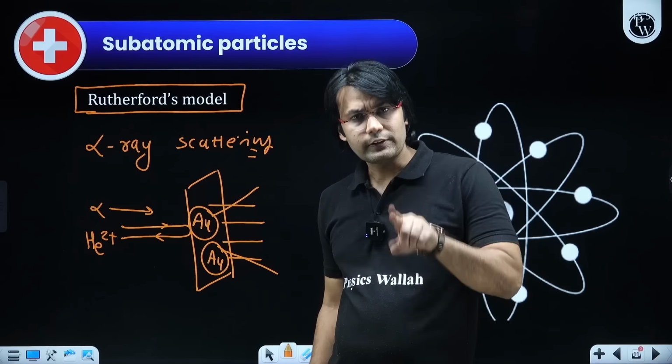Just write it down like this: 1s, then 2s, 2p, then 3s, 3p, 3d in sequence, shell number wise, then 4s, 4p, 4d, 4f, then 5s, 5p, 5d, 5f, then again the number of subshells will decrease: 6s, 6p, 6d, 7s, 7p, 8s. And to get your energy sequence, just cross them, cut them diagonally.